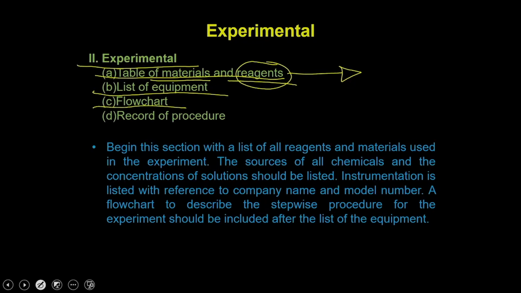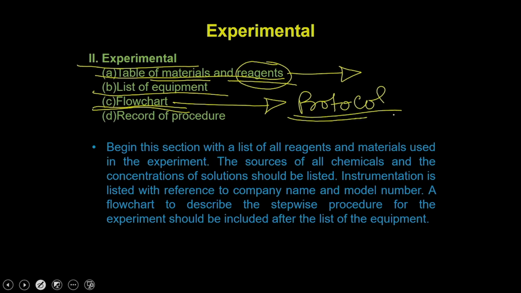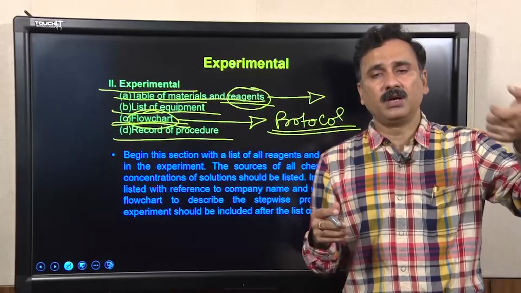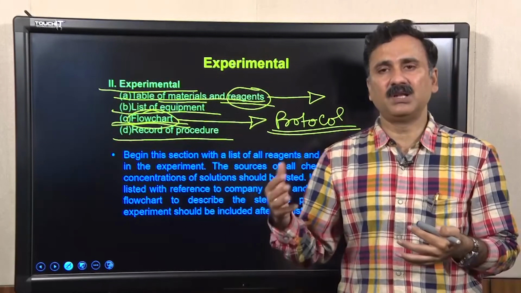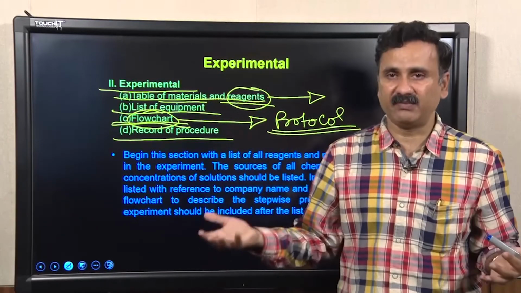Then you have to prepare a scheme or the flow chart, which is going to be a part of the protocol, which means you should go through the protocol, understand each and every step, what is the requirement of that step, and what precautions you should take while doing these experiments, and that you will do when you are preparing a flow chart. And then you record the procedure, which means you document the procedure in which you are going to add the chemicals or perform the experiments.